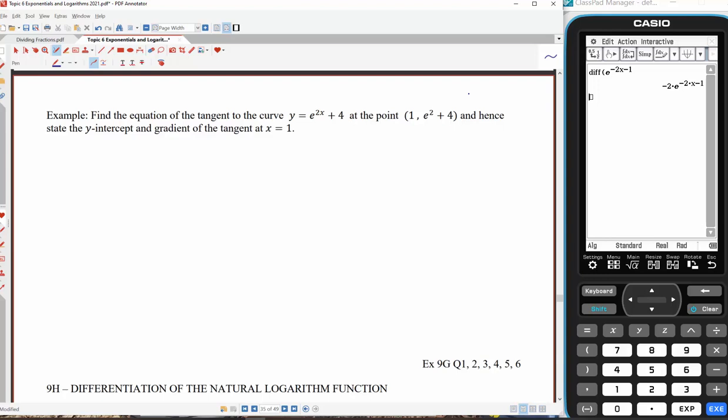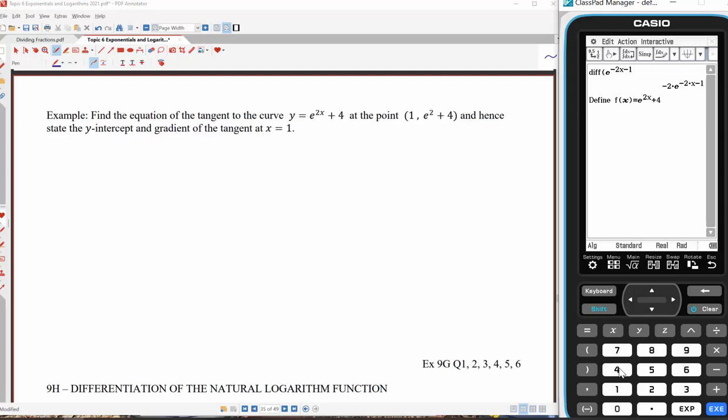Okay, find the equation of the tangent to the curve at this point, and hence state the y-intercept and gradient of the tangent at x equals 1. So let's just do this on the calculator first of all, and just to remind ourselves, because increasingly these are 1-mark questions on the exam. So shift 7 for define, shift 4 for e, 2x plus 4.